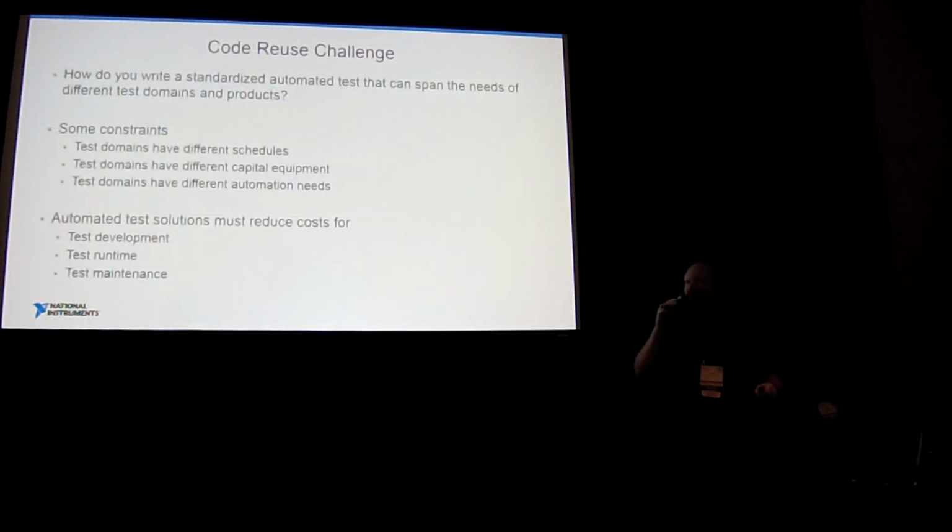Okay, so that's kind of the basic problem, and what we've discovered is that in order to solve that, there's a lot of challenges that we have that are unique as far as solving this. And I've kind of talked a little bit about schedules and the different automations, whether it's manual or completely automated.